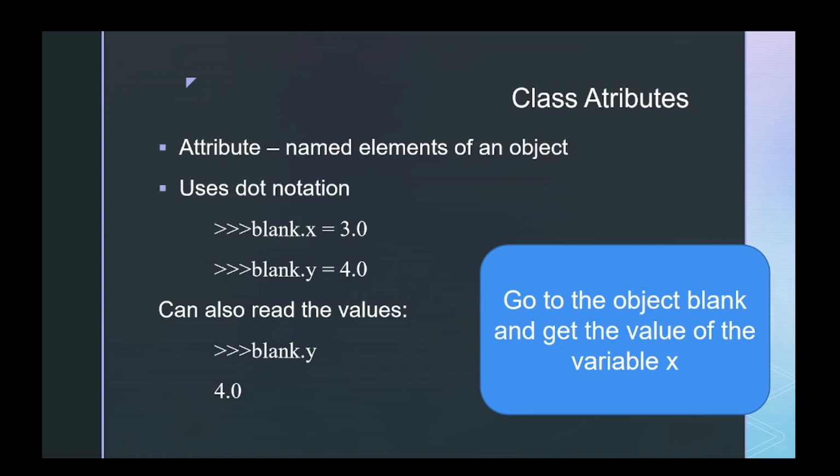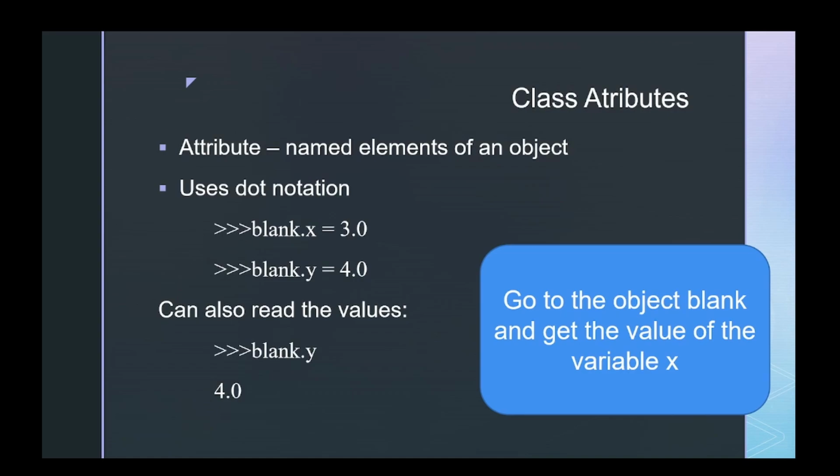And we can assign values to these attributes within our class object by just saying object.attribute equals and giving it a value. So for example, if blank is my class object and it is of type class Point with the capital P, I could say blank.x equals 3 and blank.y equals 4. And then that would be my ordered pair of 3, 4.